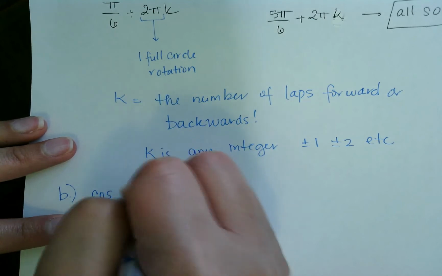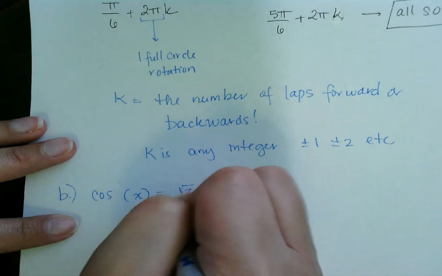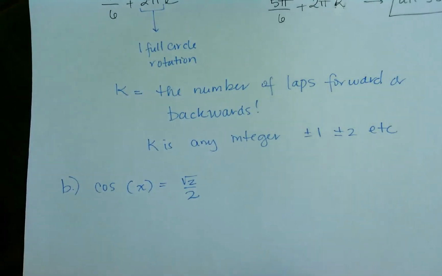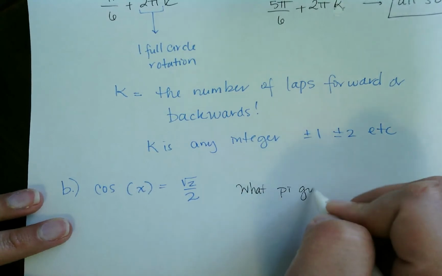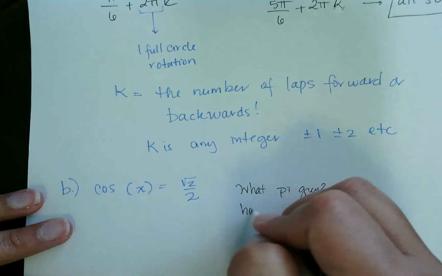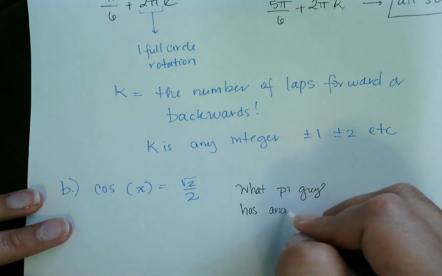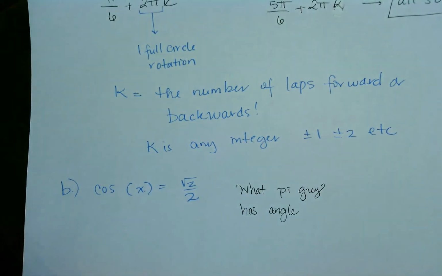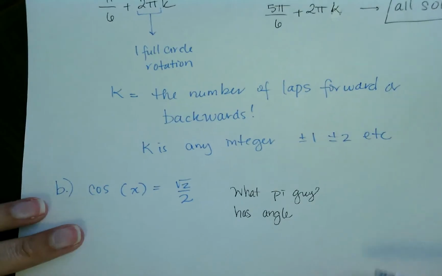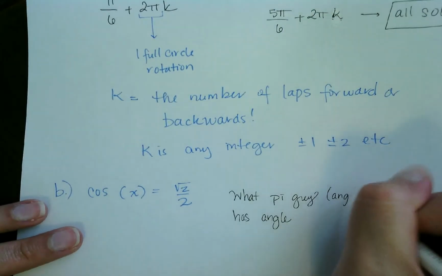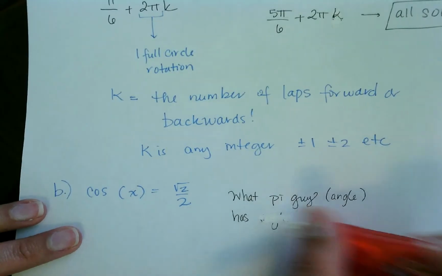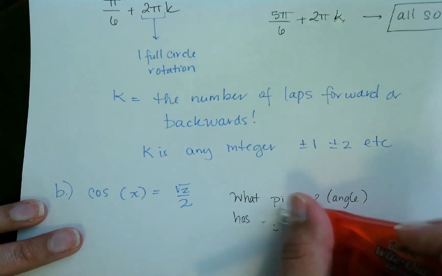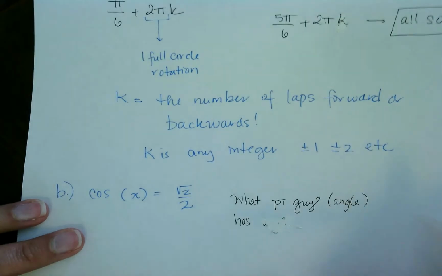So again, this is saying what angle has an x value equal to square root of 2 over 2.